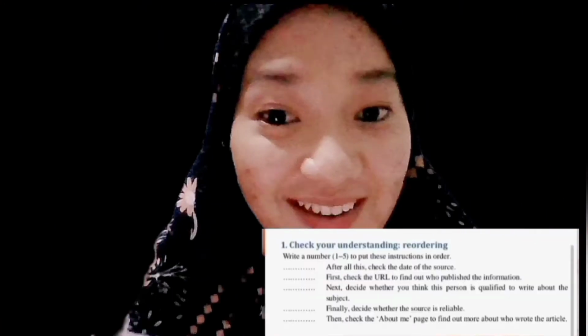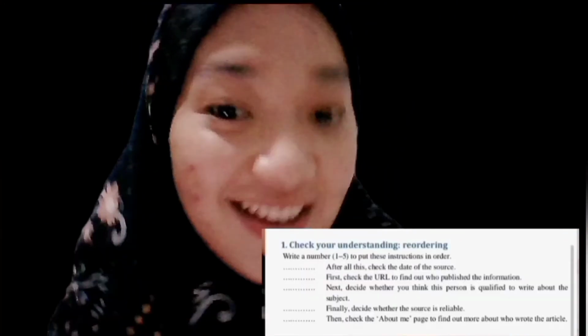So after we read the procedure text about checking out a website, now we move on to check our understanding by answering several questions on this text. Let's try to answer together. Number 1. After all this, check the date of the source. To find the answer to this question, we use scanning. Why do we use scanning? Scanning is a fast reading technique to look for specific information.